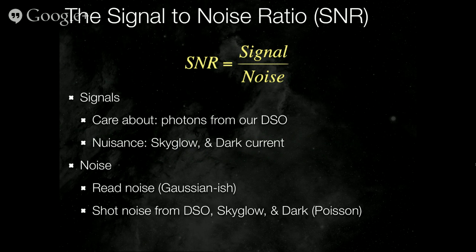We also, though, have shot noise. Shot noise is a kind of noise that comes in anytime you're having a signal from photons. It's also sometimes called photon noise. And this comes about because the actual emitting of photons doesn't happen at an absolutely perfectly smooth rate.